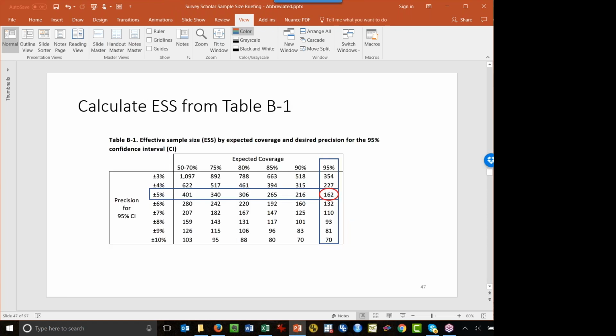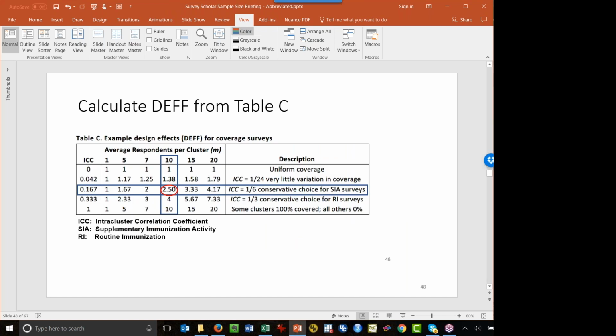Okay. And now we need to calculate the design effect. And again, we have the number of respondents per cluster. This is in talking with the person who will be the survey manager, likely the survey manager, thinking about how long do we want the team to spend in the cluster.